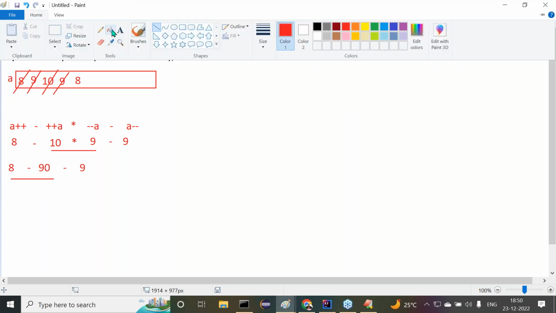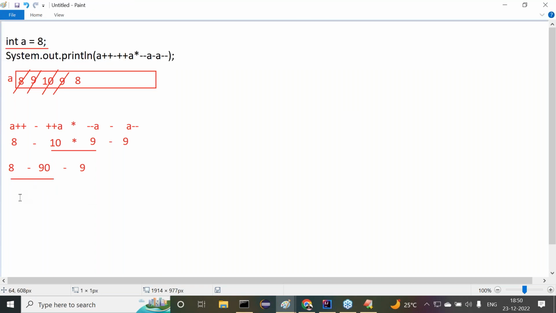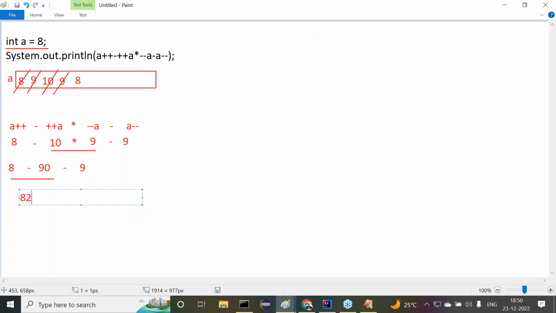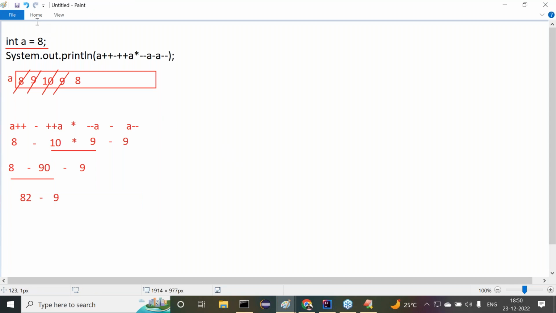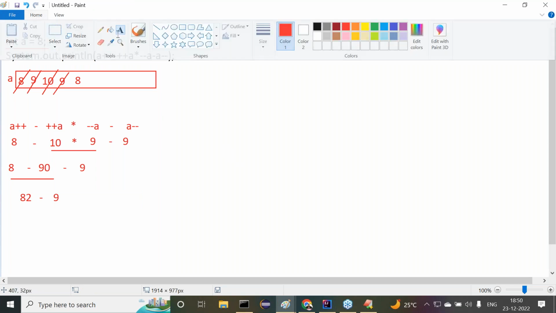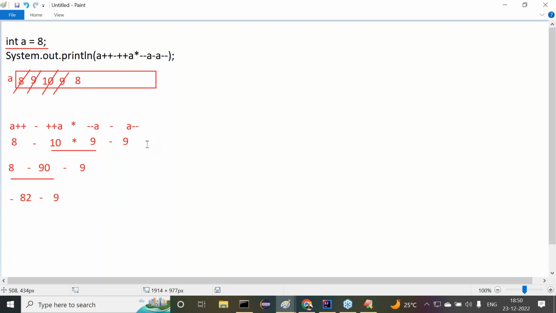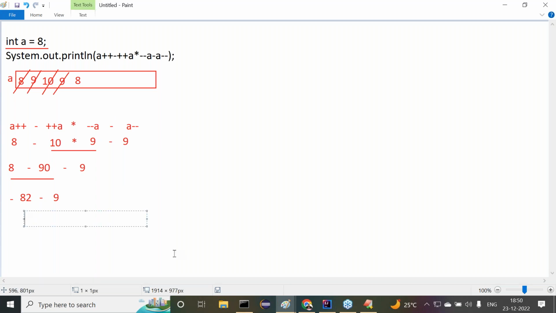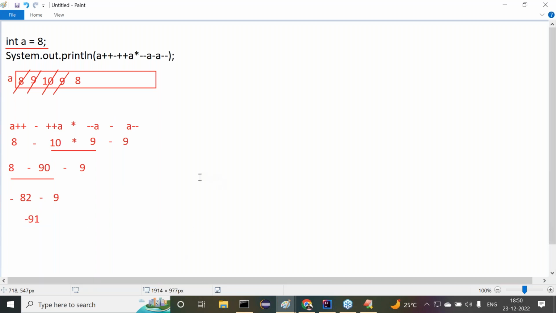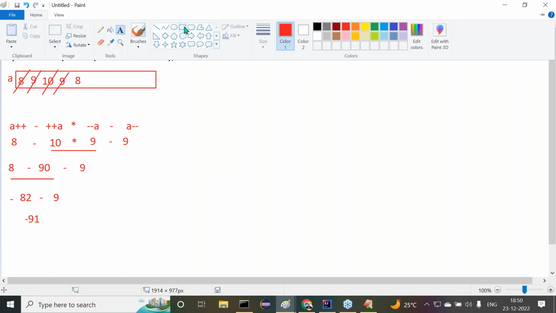So 8 minus 90, what's the value? Minus 82, minus 9. What's the value now? Minus 91. That's the reason why we are getting output like this.